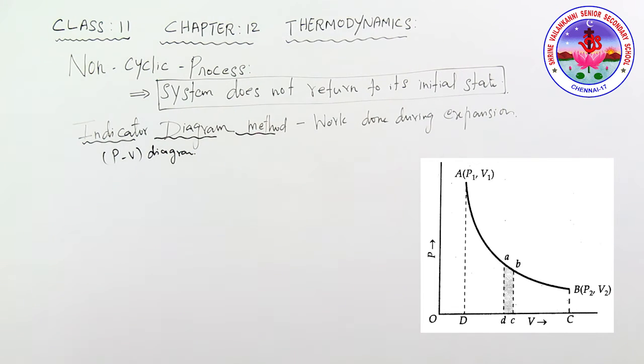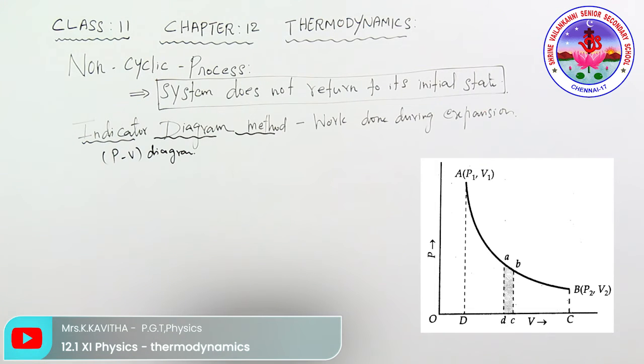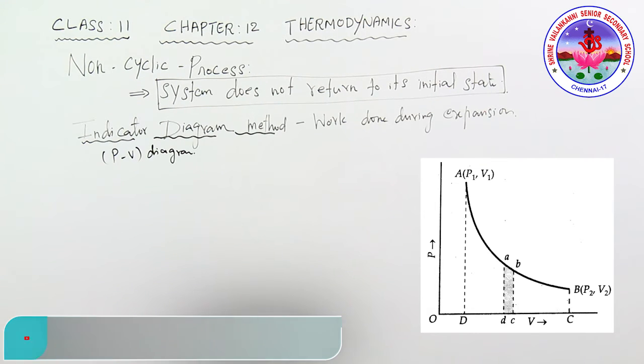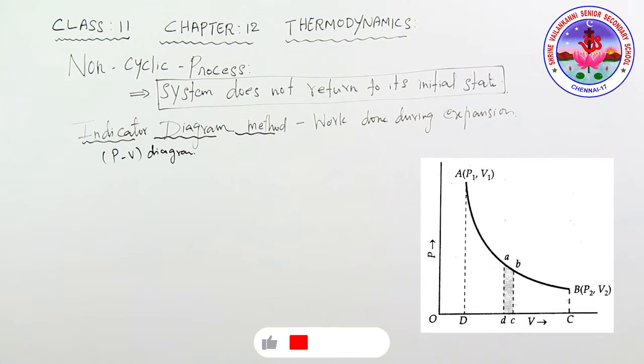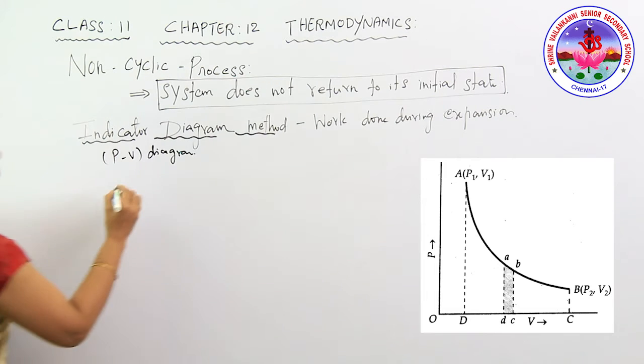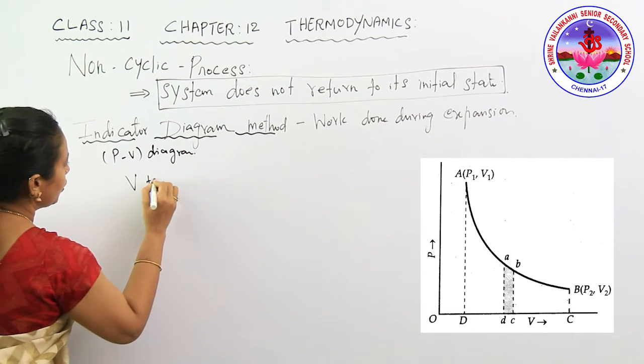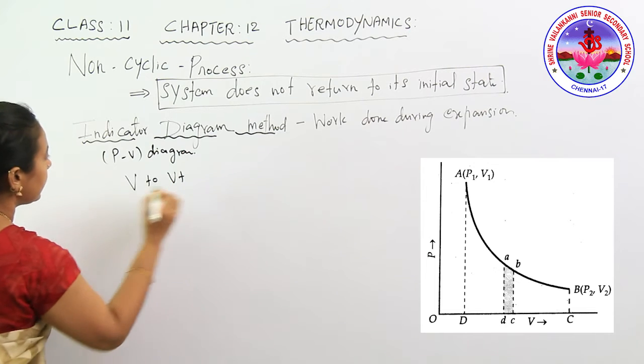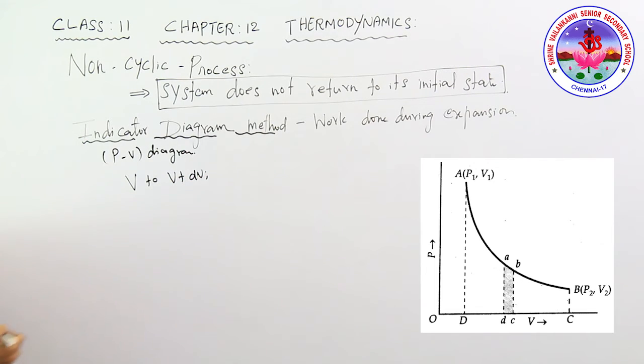In this PV diagram, at any point A, let P and V be the pressure and the volume, which is getting increased from V to V plus dV. Then what will happen? Here the pressure will remain constant.